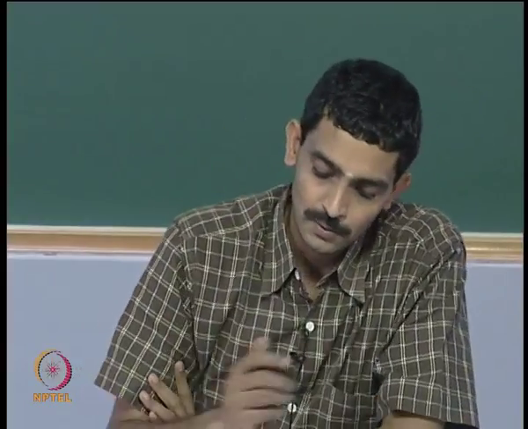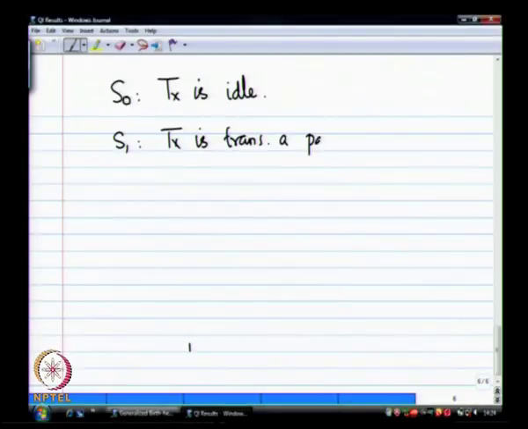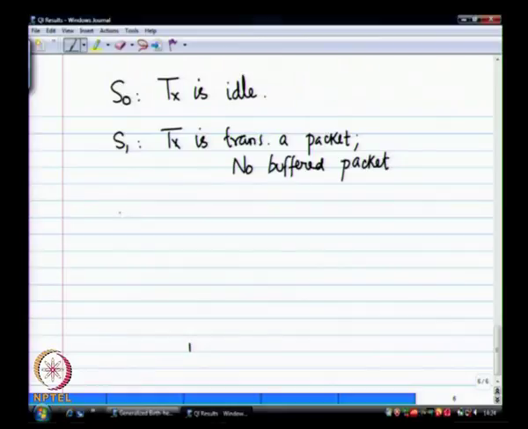Okay. So S1, a transmitter is sending a packet, and there is no buffered packet. So the occupancy of this queue is simply 1. And then the parallel state is, it is possible that I tried, I failed, and then another packet came and it got queued, and only 2 packets can be in the queue, right.